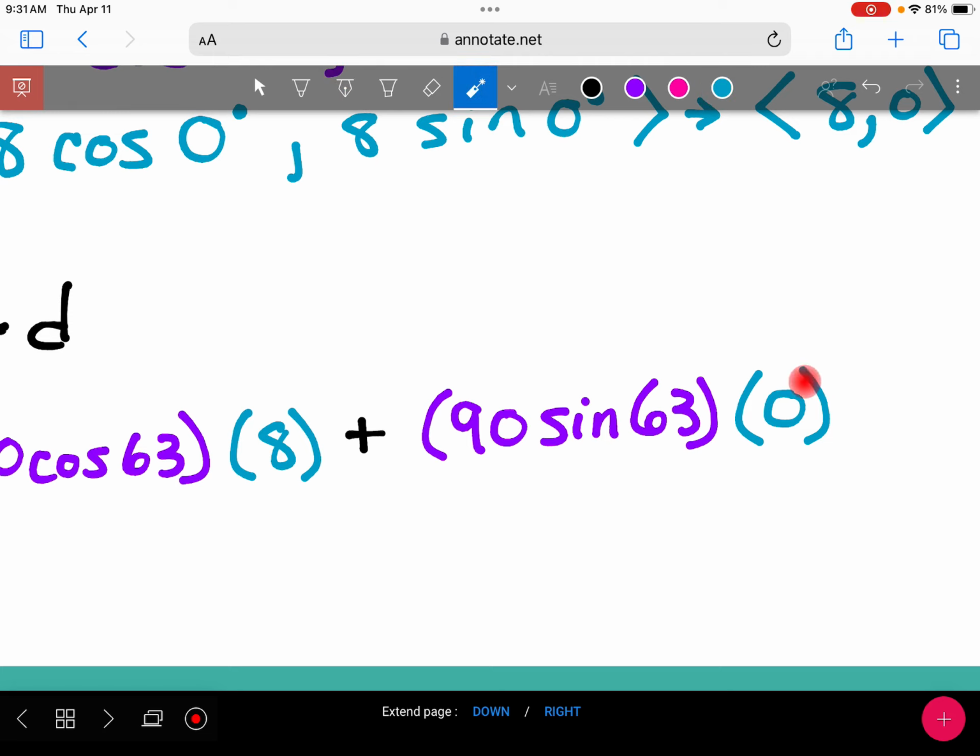This is why I simplified this one down a bit, because I didn't want to have to rewrite these out again if I didn't have to, because they're long. What's going to happen to this term over here? It's going to be 0, because anything times 0 is 0, so we don't got to worry about it.